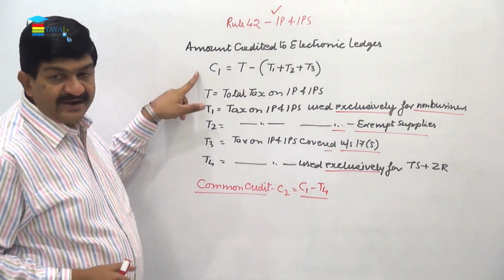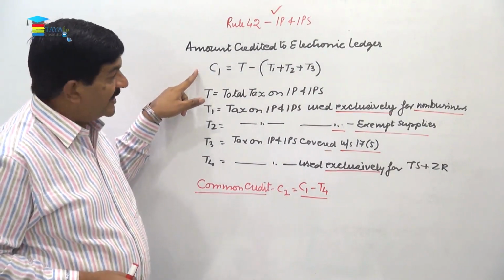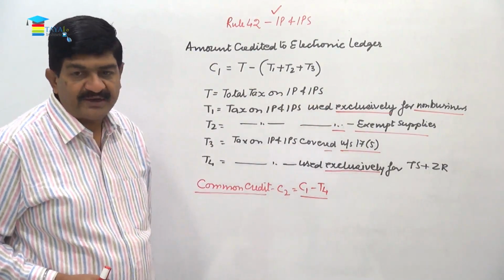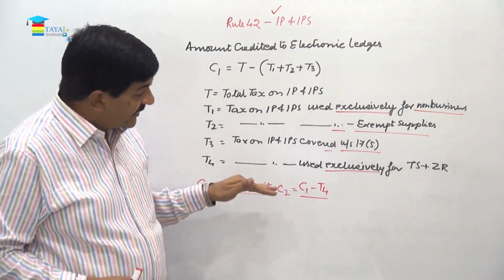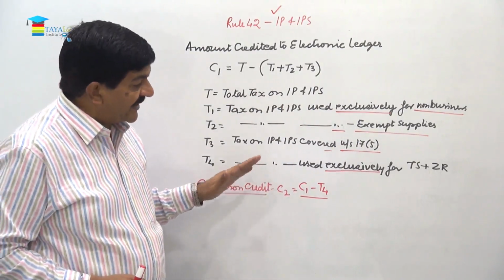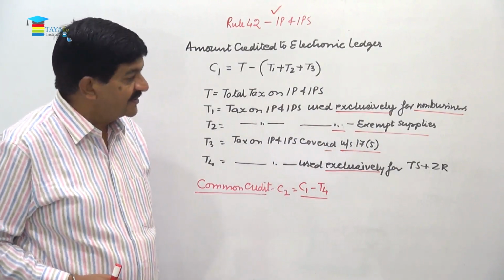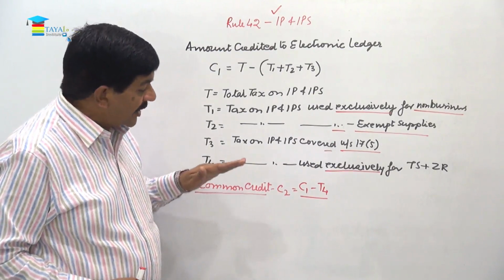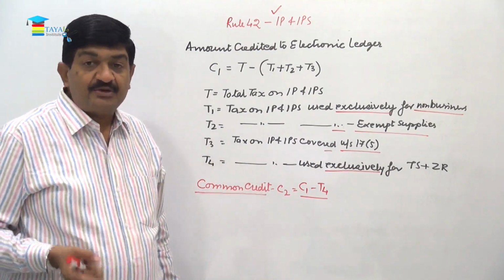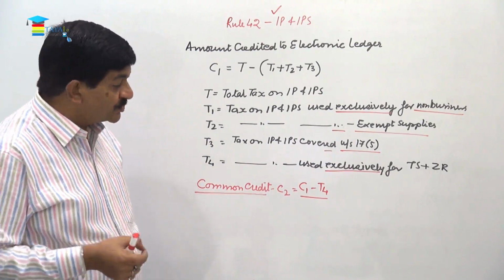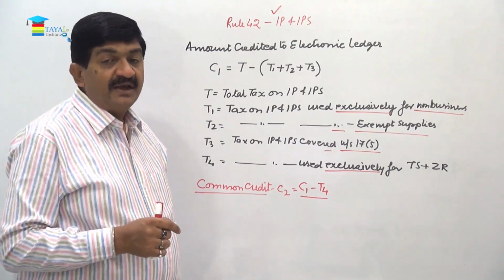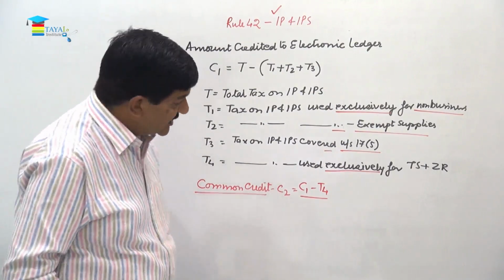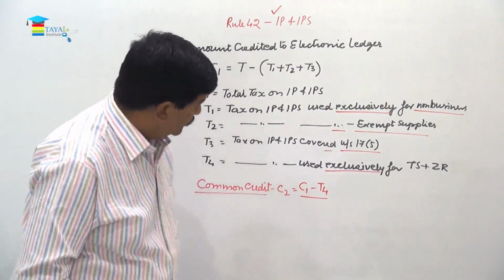So here we had the credit for the supplies other than non-business, other than exempt, other than blocked credits. Now out of that also we have reduced the supplies which are exclusively used for taxable as well as zero rated supplies. So now we have common credit. Now out of common credit we need to divide what is used in relation to zero rated supplies and what is used in relation to exempt supplies. So this needs to be bifurcated in 2.